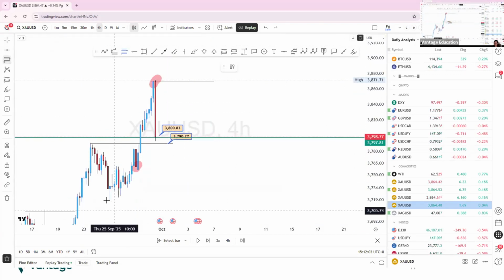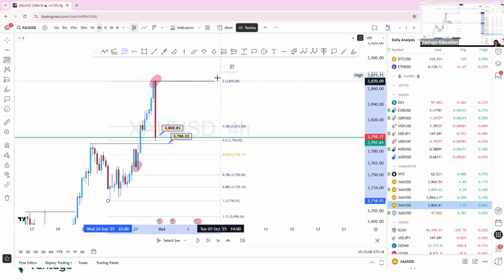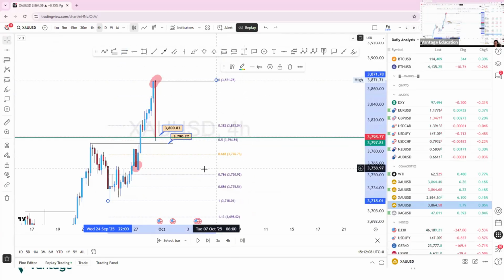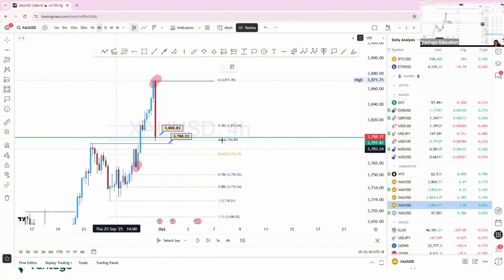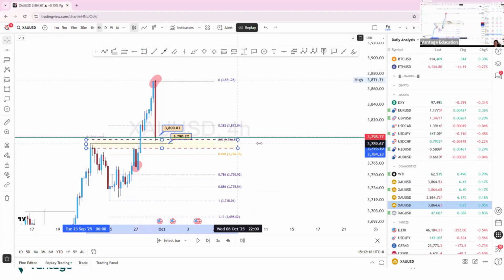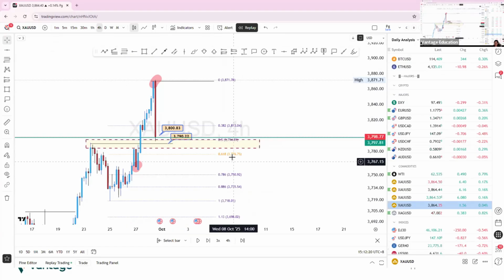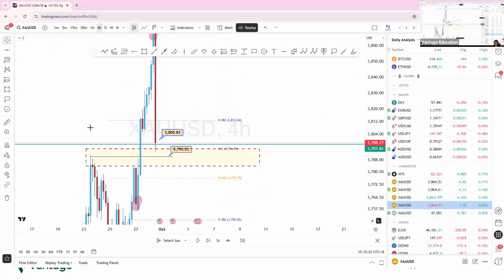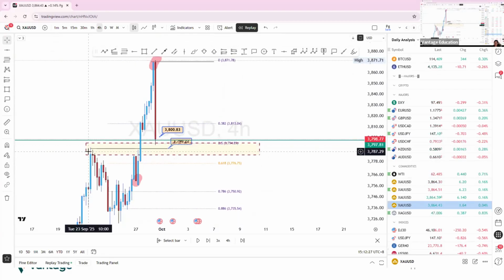I'm going to pull the H4 fib from the swing low to the swing high. The 50% fib and slightly 61.8 is our zone. This is the zone where we are going to buy at the pullback support.